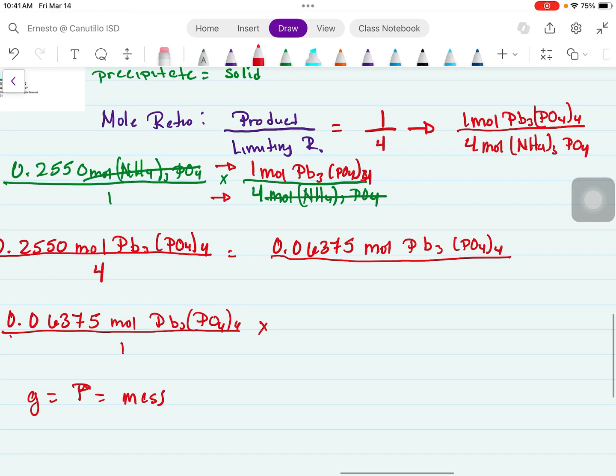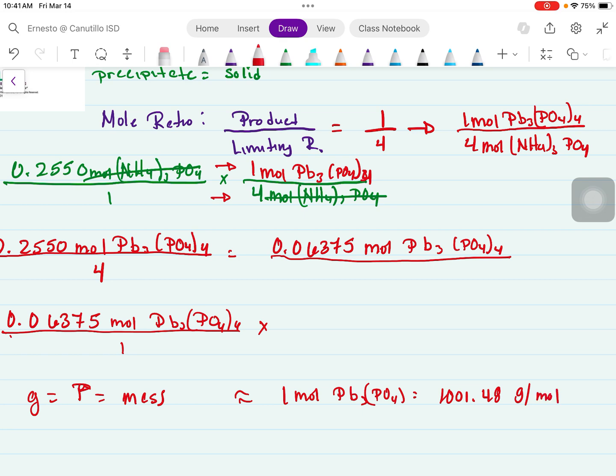I know, because I did the work already, that 1 mole of lead 4 phosphate has a mass of 1001.48 grams per mole.